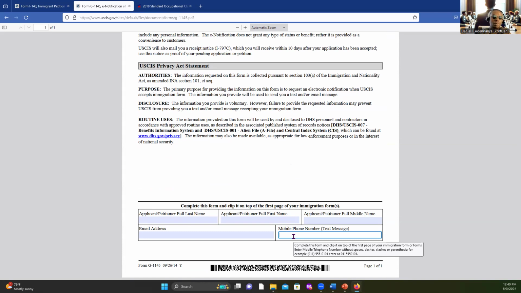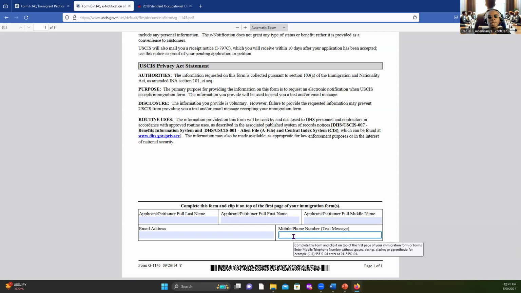At times it is delayed, or, at times, even when you fill this, you do not receive any notification. Just keep expecting a mail that will be sent to the address you have included in your petition, in your form.